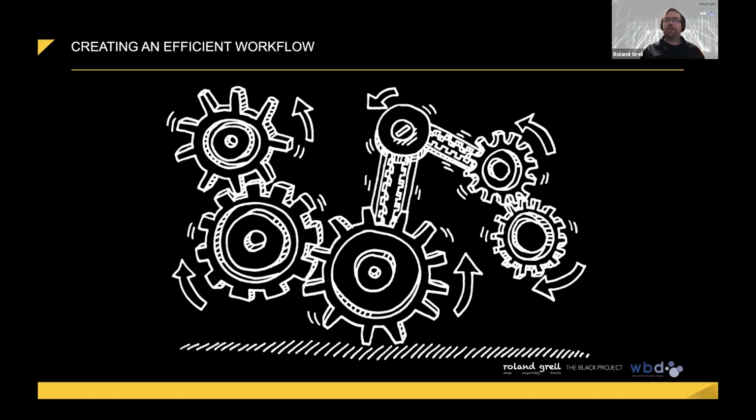And if they all work together and turn in the right direction, everything will turn easily, and you can spin it with one hand. If there is one gear in your gear set which is turning the wrong way, or is a little bit too big or too small, it will take you more energy to spin your gears. So it is important that you really create good communication within your team.